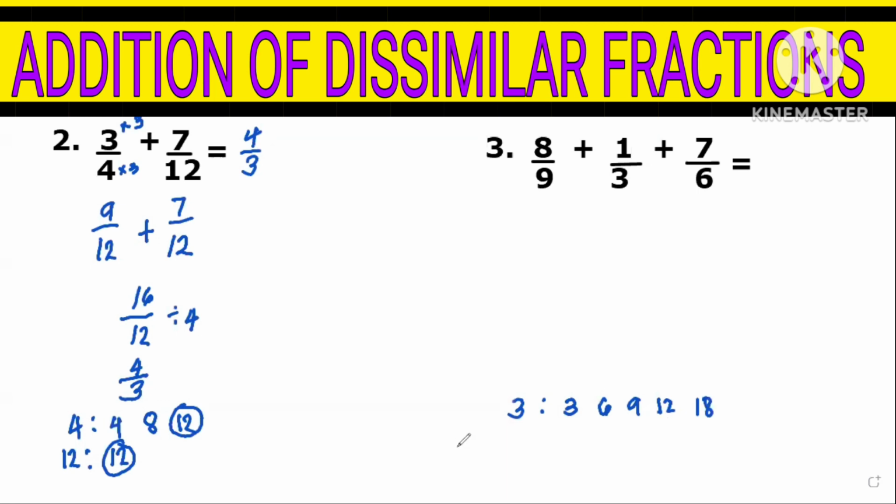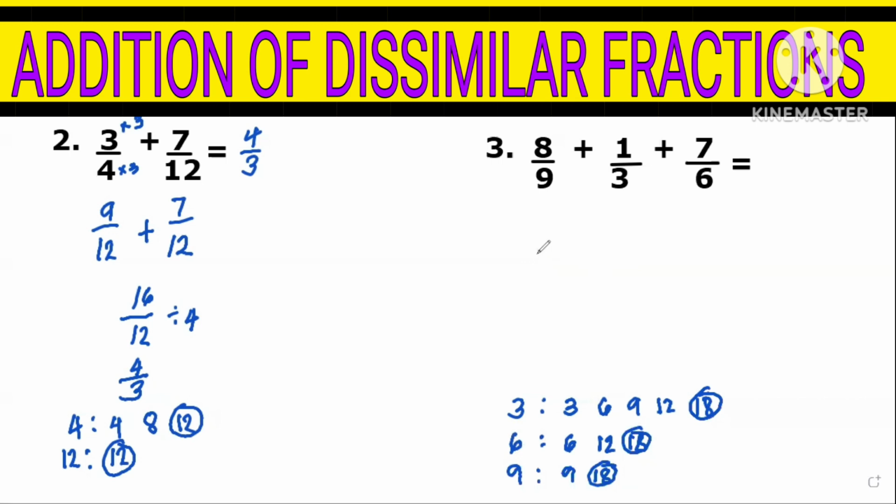So stop muna tayo dyan. For 6, we have 6, 12, 18. And for 9, we have 9, 18. Okay, pare-parehas na yung ating last factor. So yan na yung ating LCM.